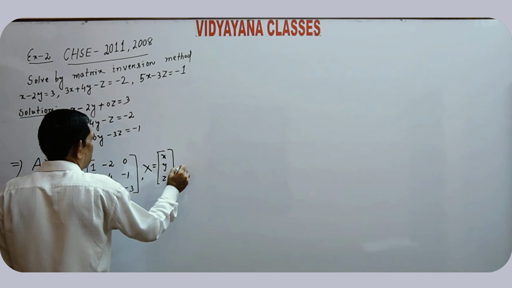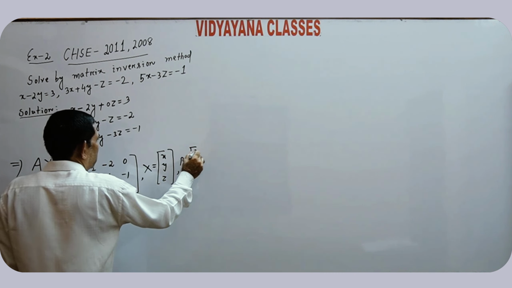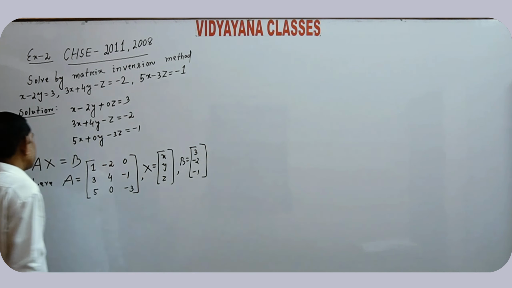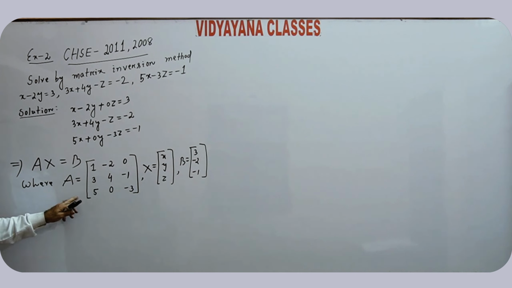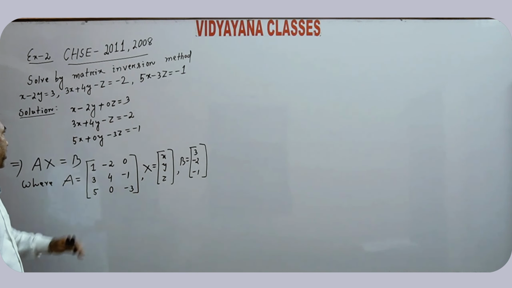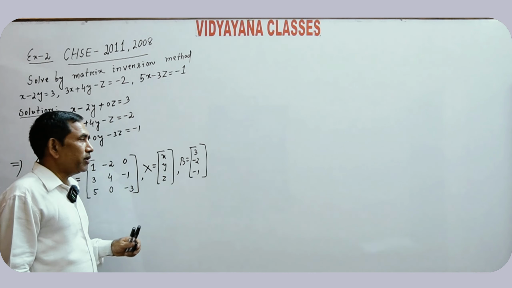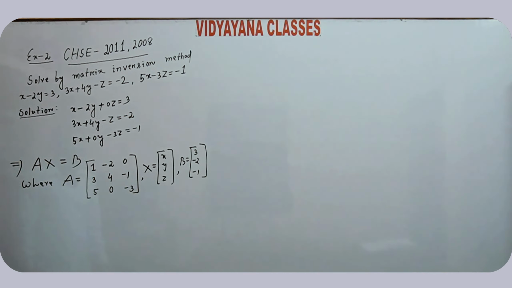And B is the matrix having elements 3, minus 2, minus 1.